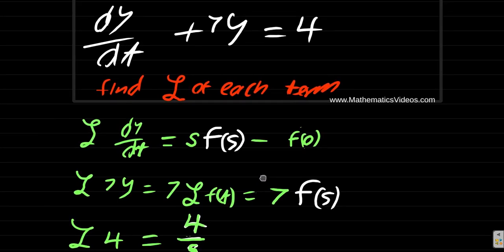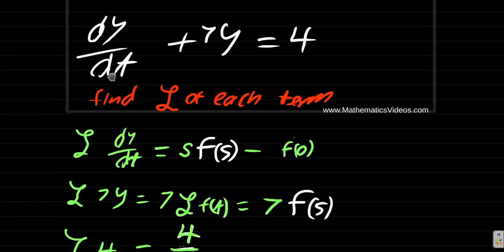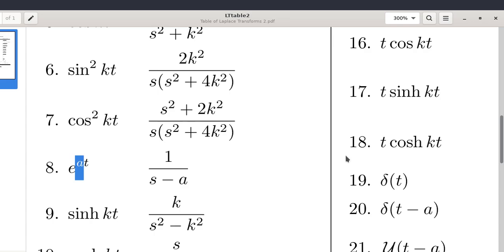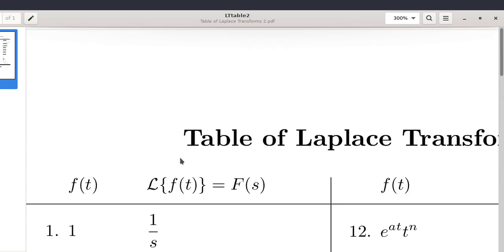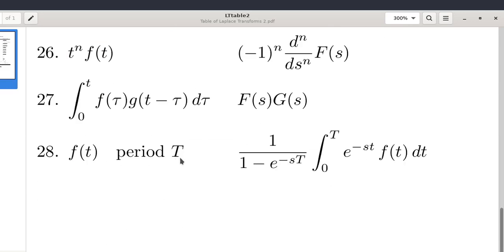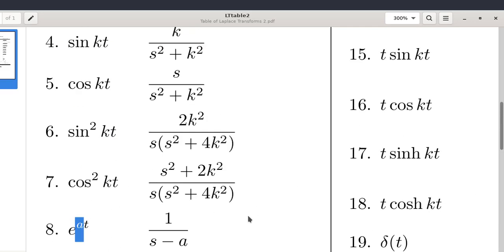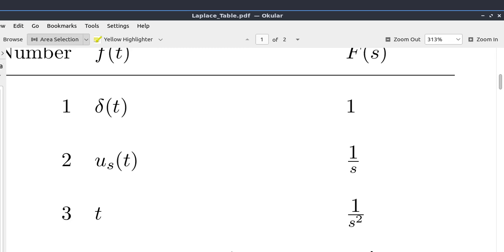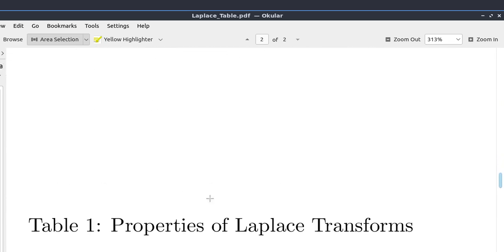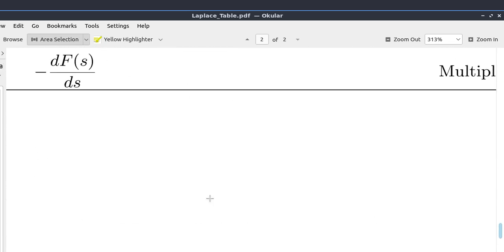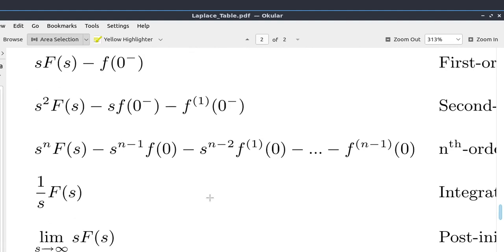We found the Laplace transform of dy by dt. Let's look at this table. The Laplace transform of dy by dt.